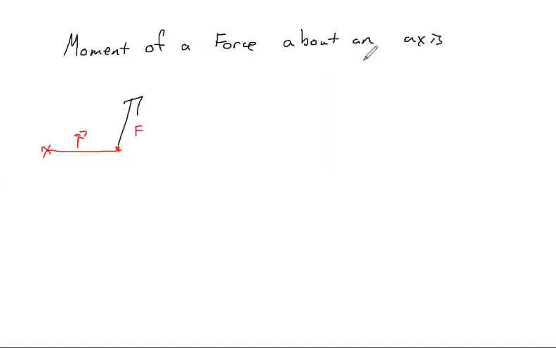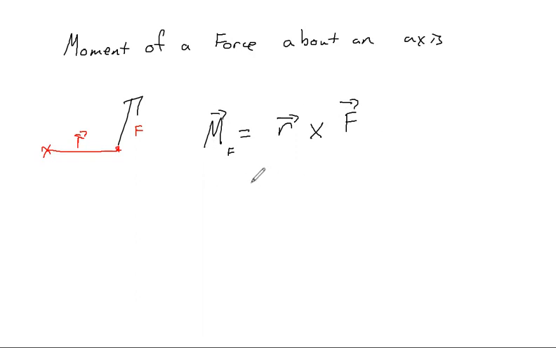So when we talk about the moment of a force about an axis, that one does have a symbol. People write that with an M. The moment of the force about the axis equals R cross the force vector, cross F. So in general, that is just the definition of the moment of a force.